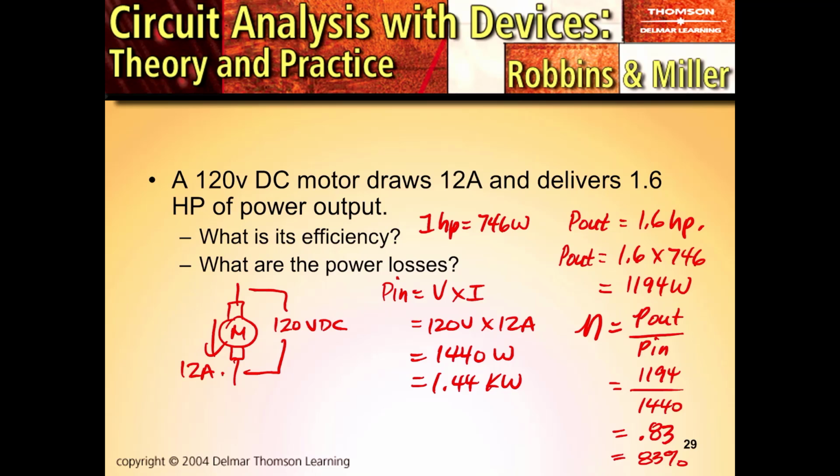Now, it says, what are the power losses? Well, remember, our P in value equals P out plus P losses. So if we want to know what P losses is, we can simply take our P in value and subtract our P out value. So in this case, that's going to be 1440 minus 1194.